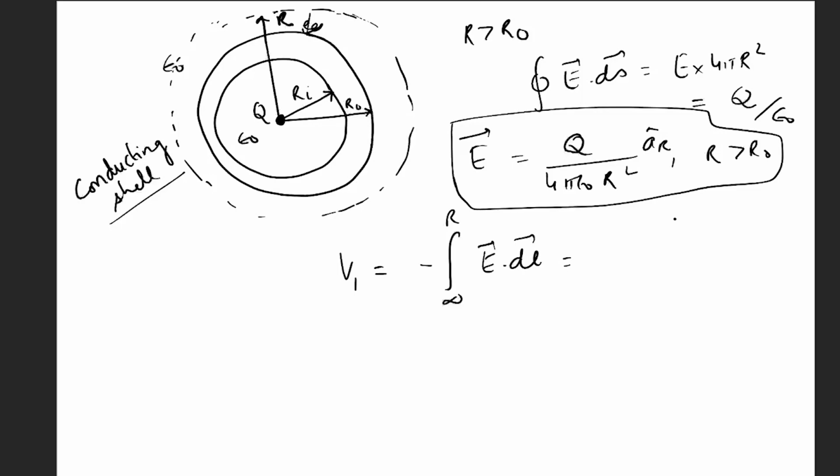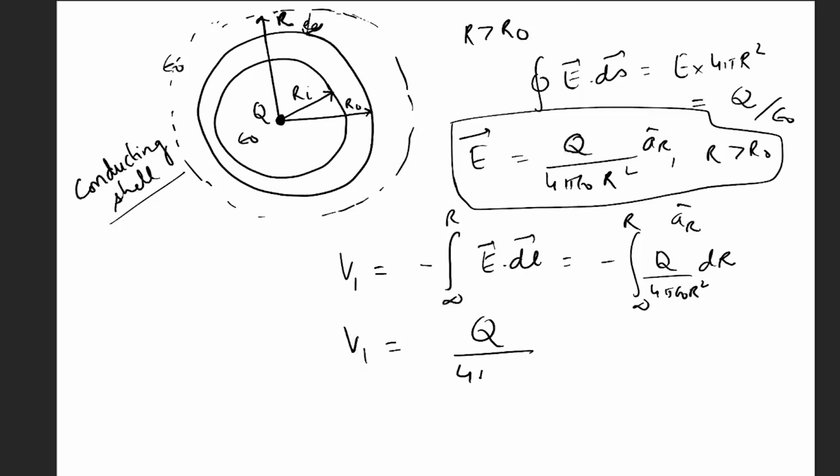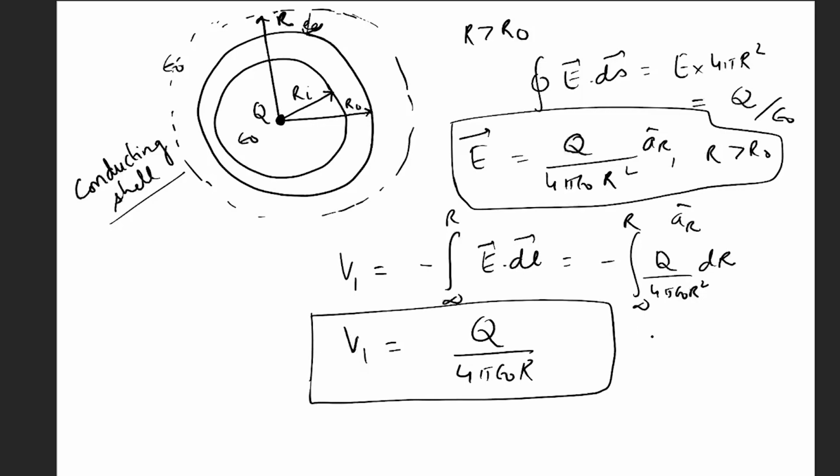Now dl will be in the radial direction because the field is in the radial direction only. So we get minus q by 4 pi epsilon naught r square dr from infinity to r. So V1 will be simply q by 4 pi epsilon naught r, assuming that at infinity the potential is 0. So this is for r greater than r naught.